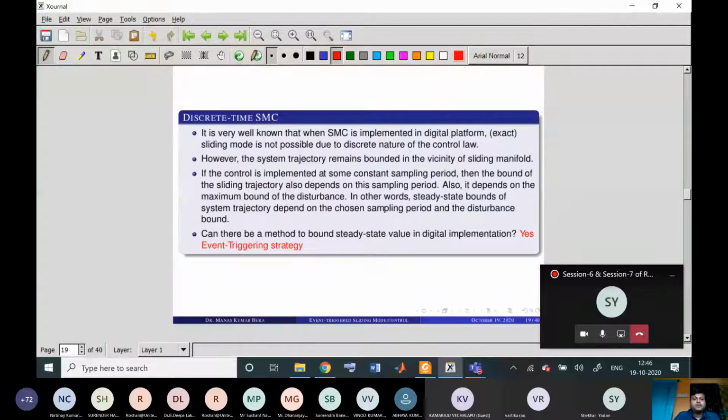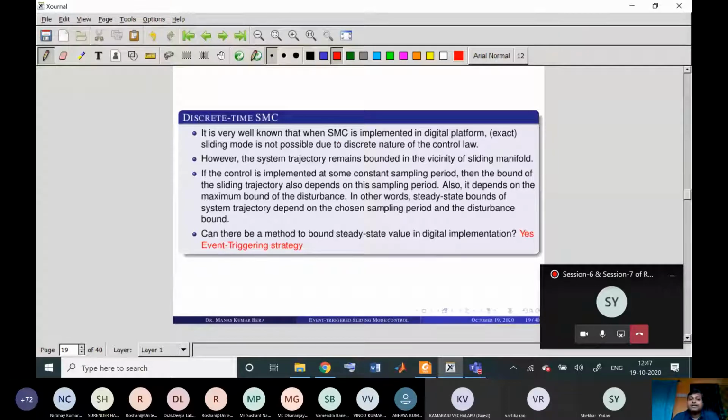It has been observed during discrete time sliding mode control implementation. Then what will happen? However, the system trajectory remains bounded in the vicinity of the sliding manifold. So instead of S being perfectly 0, it will be in the vicinity of the sliding manifold. If the control is implemented at some constant sampling period, meaning periodically, then the bound of the sliding trajectory also depends on the sampling period.